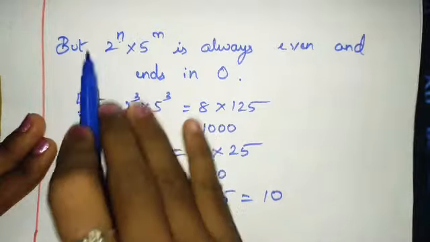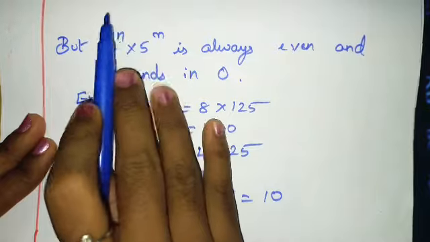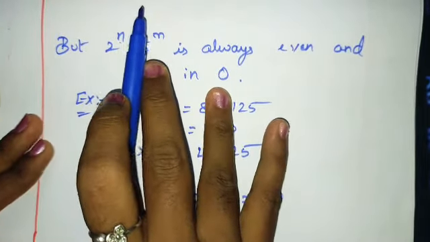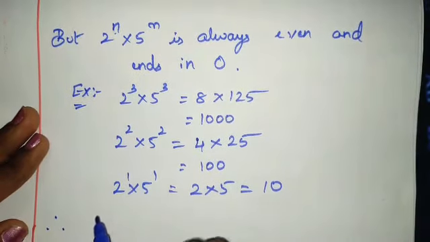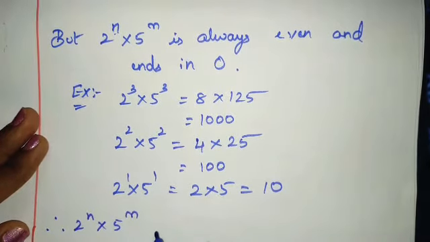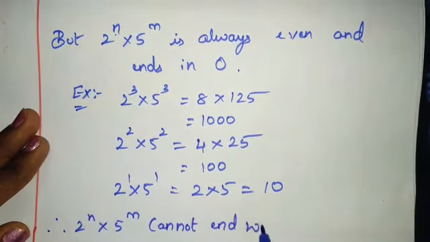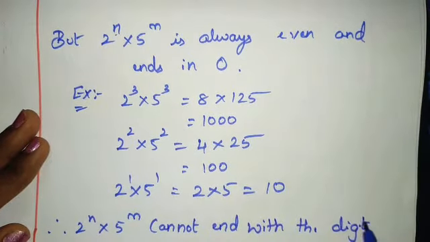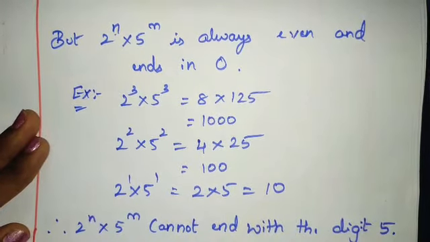So in this case 2 power n into 5 power m is always an even number and it ends with 0. Got it? So now you write therefore, 2 power n into 5 power m cannot end with the digit 5. So it cannot end with digit 5 for any value of m.